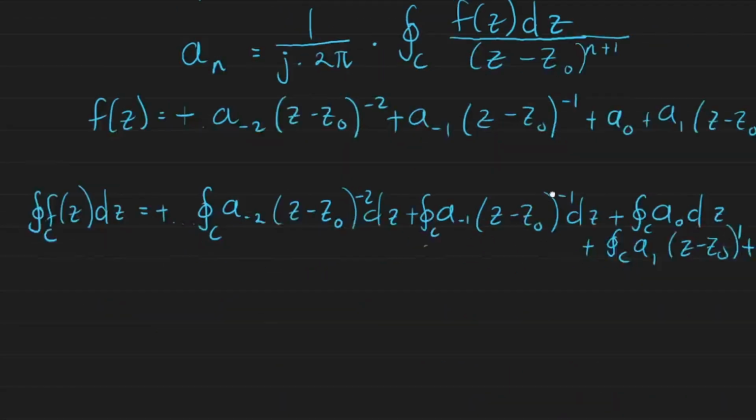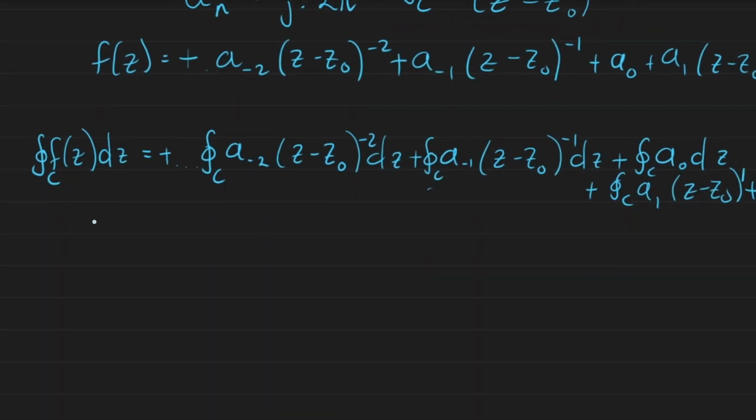So what this means is that the integral around this closed path of f of z dz is equal to 0 for all terms except where this exponent is minus 1.